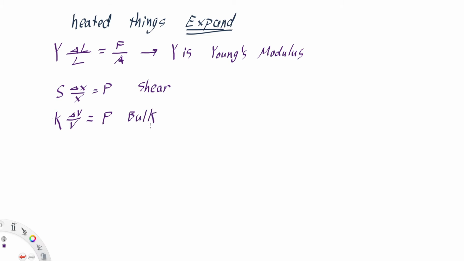So since this is such a convenient form, we're actually going to write down a relationship for thermal expansion in the same way. Yep, Y for Young's modulus, S for shear, and K for bulk. K does so much duty. Uses B for bulk? Okay.